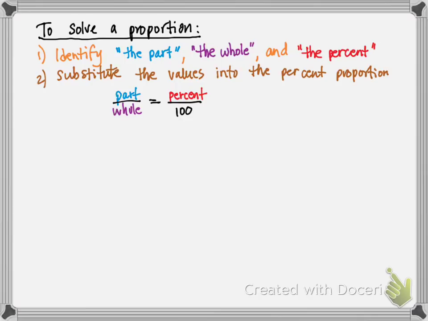So now what you can do is scale up or scale back. So we're either going to take the first fraction and multiply by a number to get to the 100, or we may have to divide, we may have to simplify, we may have to take 2 steps to get there, to find the missing value.